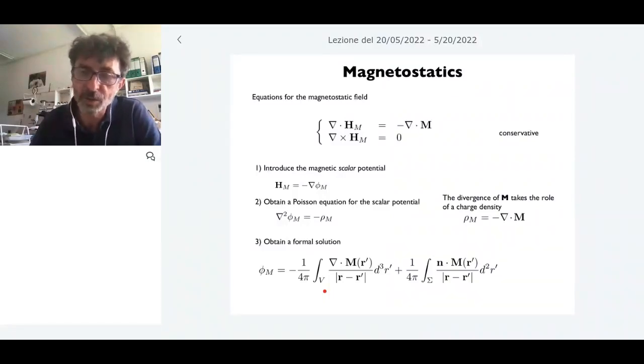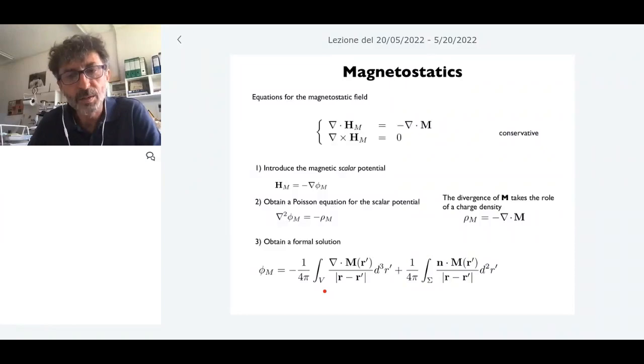But the surface term is just the change of the magnetization at the surface. So, for example, in a piece of a ferromagnet, when you arrive at the border between the material and nothing else, air for example, you have the projection of the magnetization vector times the normal.